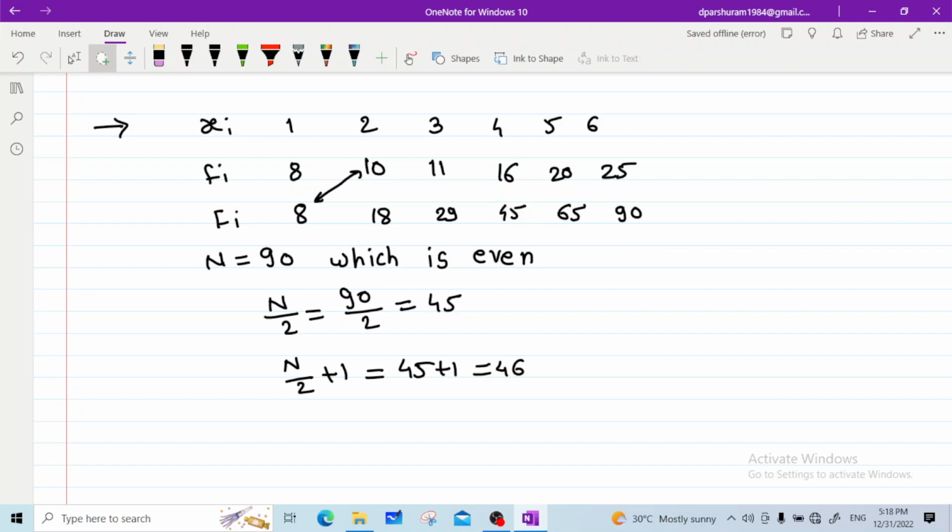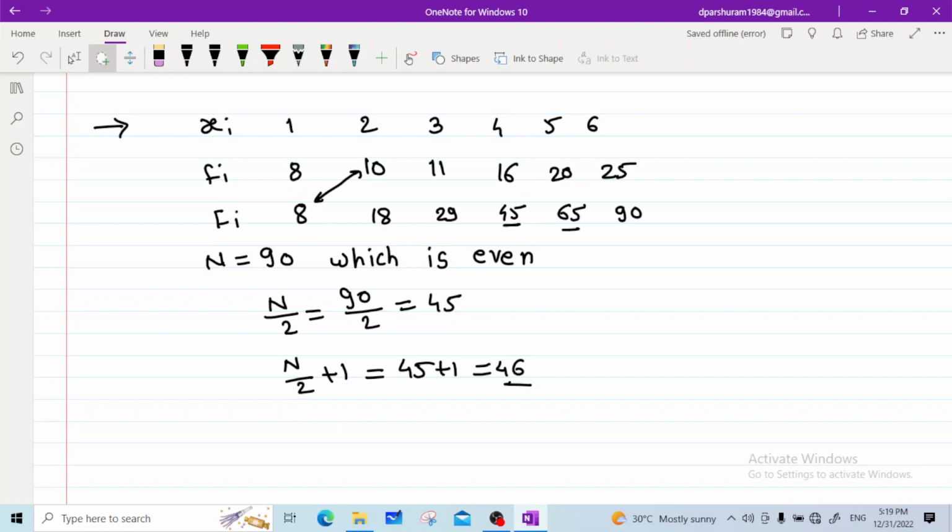Corresponding to the value 45, the value of xi is 4, and corresponding to the value 46, the 46 is located in this Fi at 65, and the corresponding value of xi is 5.